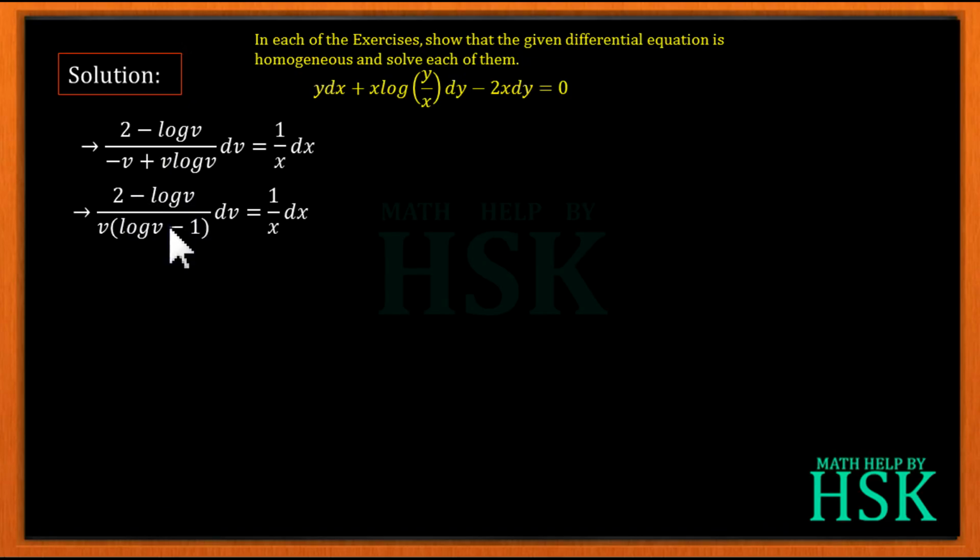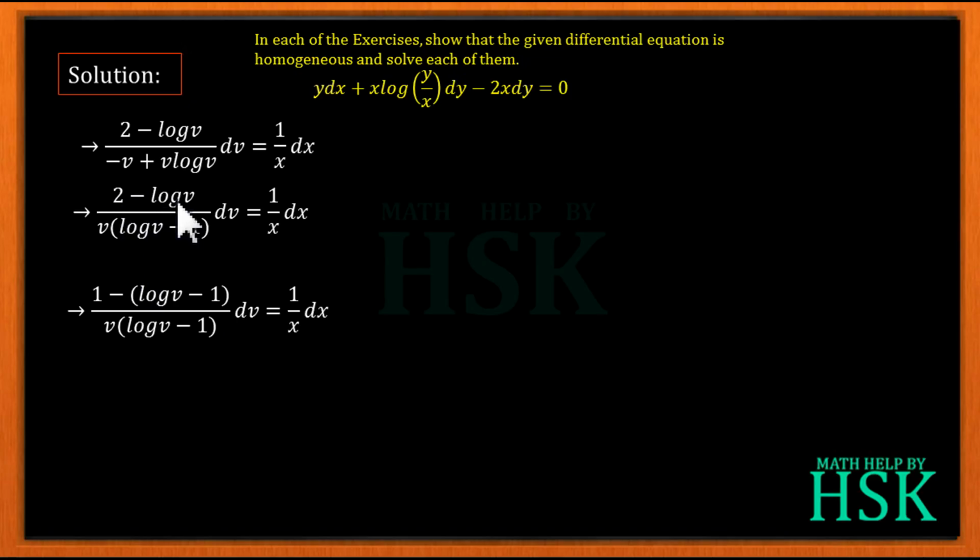To simplify and integrate this, I've written this 2 minus log v as 1 minus log v minus 1. If you simplify this, you get the same term. So I've broken this 2 as 1 plus 1.